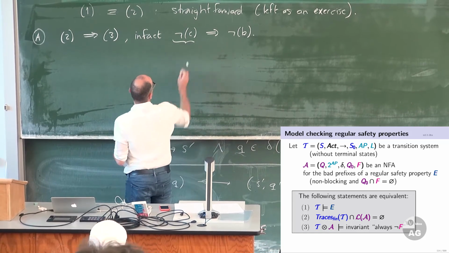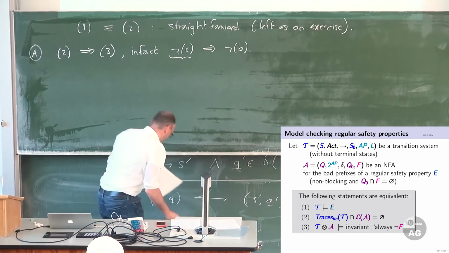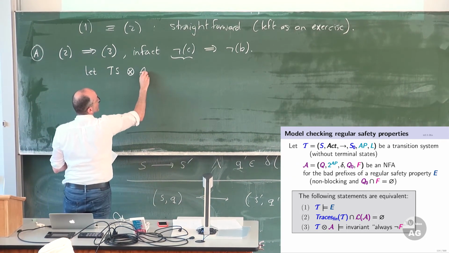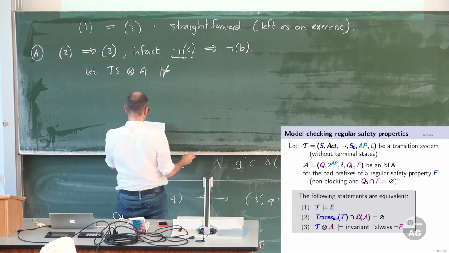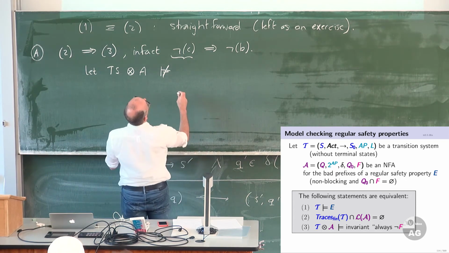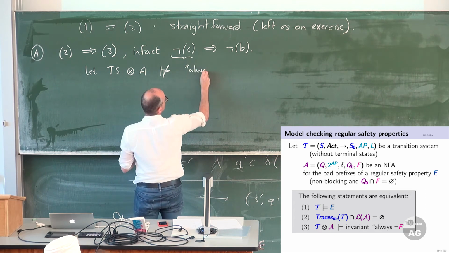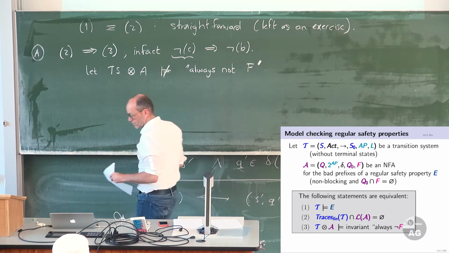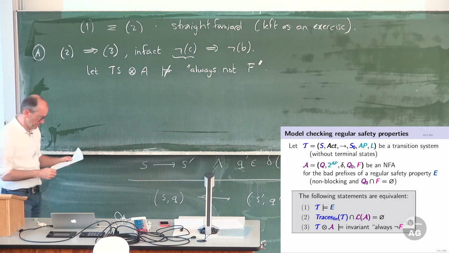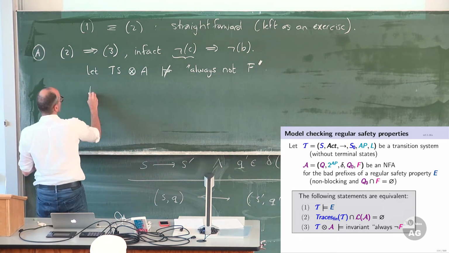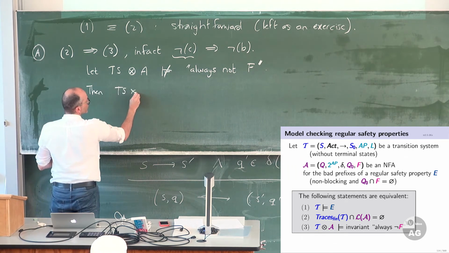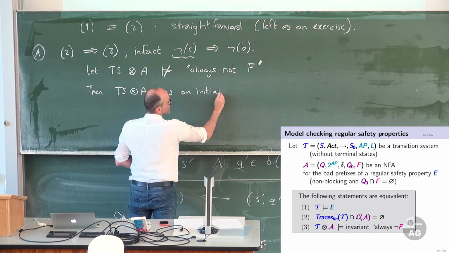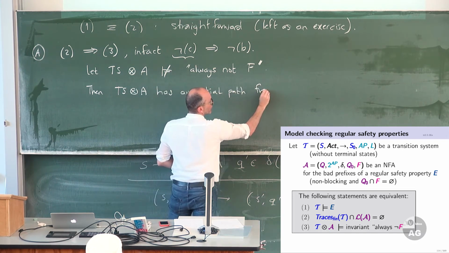So I start from here, and that means let TS violate the property always not F. What does that mean? Then this transition system has an initial path fragment, so a finite path starting in some initial state.